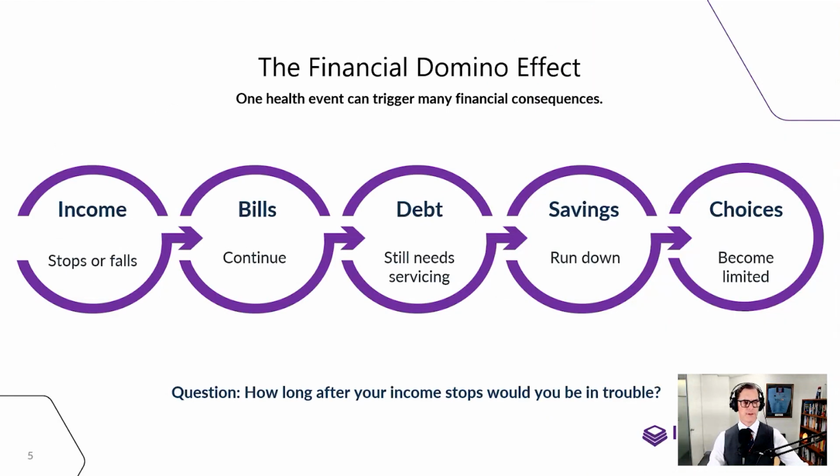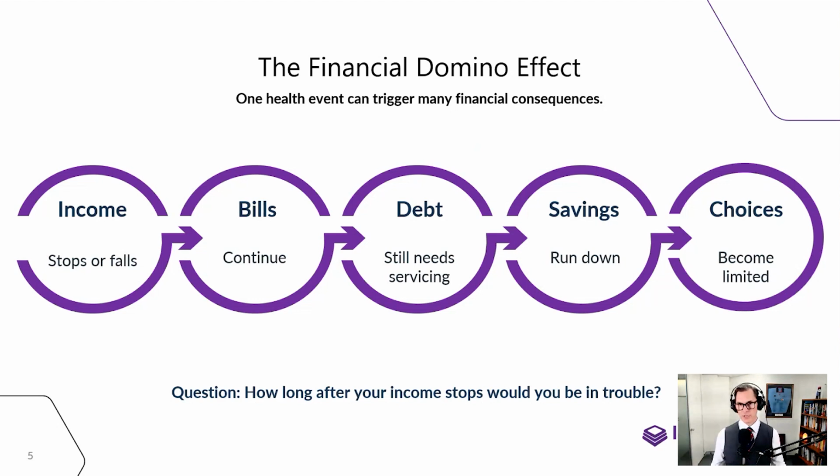So following on from the financial aspect of it, what are the financial dominoes? Even though these are circles, pretend they're dominoes. Something happens and you stop earning income, or your income level falls because maybe an illness doesn't stop you completely from working, but it might sideline you for periods of time, or reduce your hours that you can work.